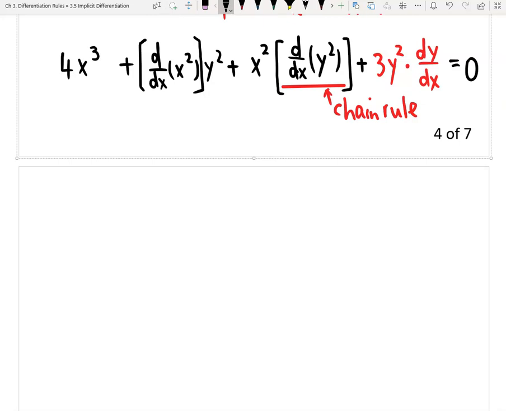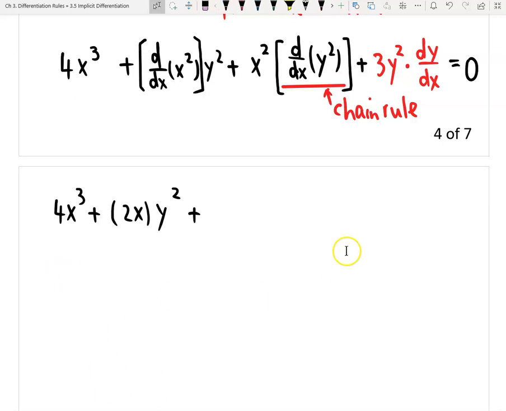A copy is 4x to the third power. The second, can you see, the derivative of x squared is 2x, right? So we have 2x times y squared, and then plus x squared times a big parenthesis. Be careful about this because we have to use the chain rule. So what is the inner function? u equals y, right?